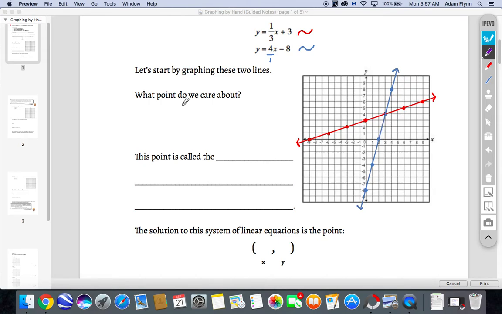Okay, we care about the point where they intersect. And for those of you that don't have the thesaurus handy, intersect just means cross.